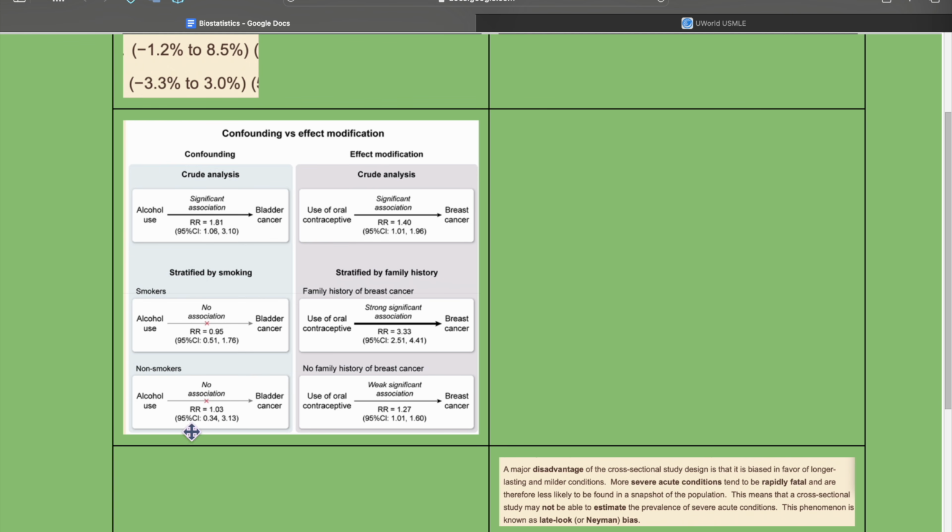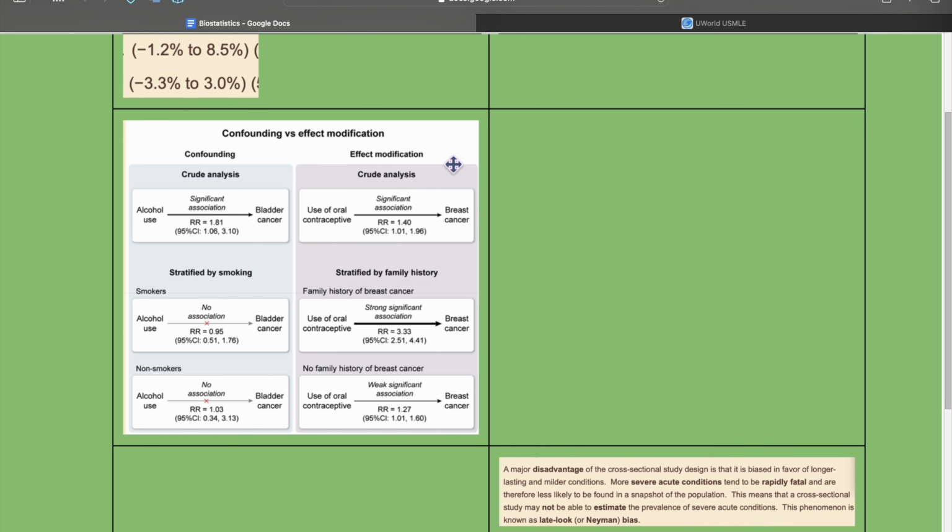In non-smokers, alcohol does not cause bladder cancer. Again, RR is increased, however the confidence interval includes the number 1, right? 0.34 to 3.13. So that's how you stratify it, and it turns out that there's no association between alcohol and bladder cancer.